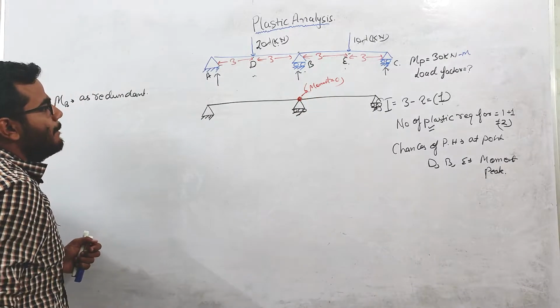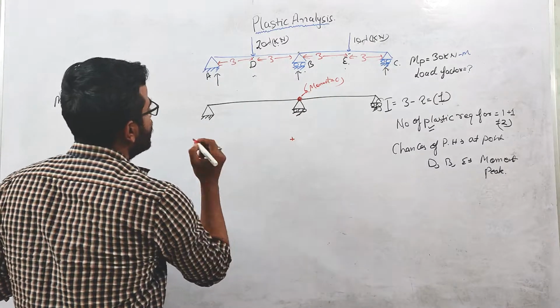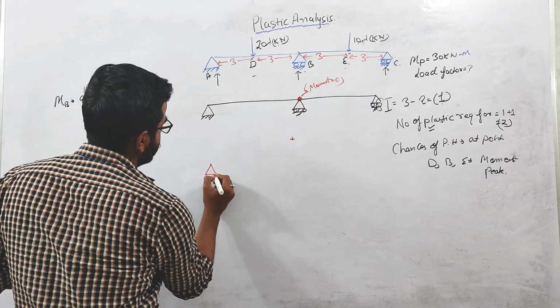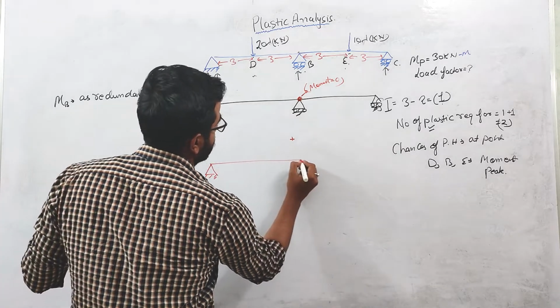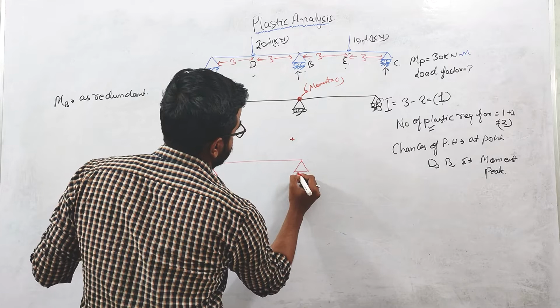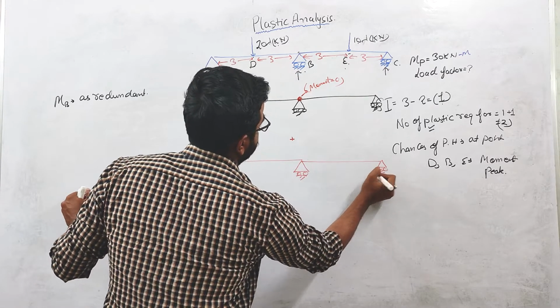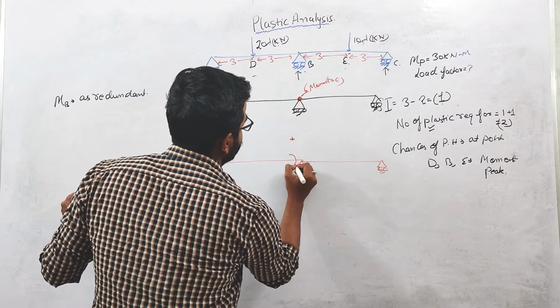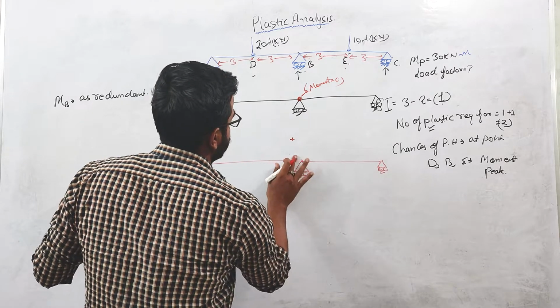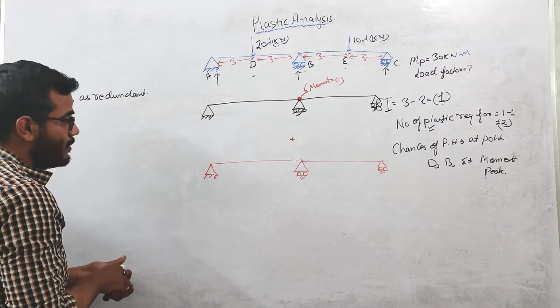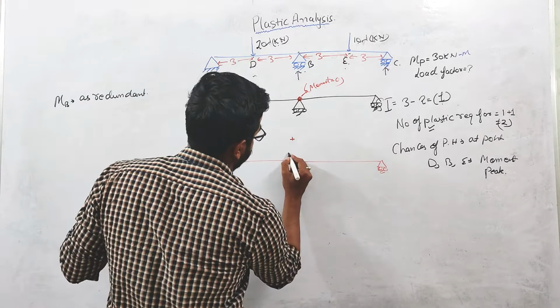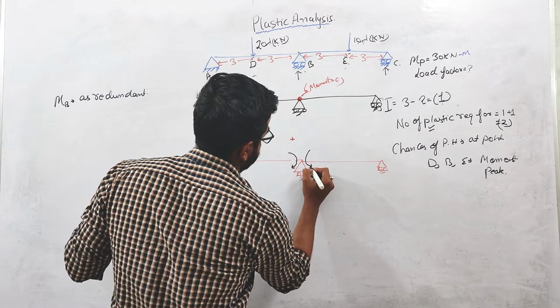When you are taking MB as a redundant, the second beam will look like this, and the redundant bending moment I am taking like this.